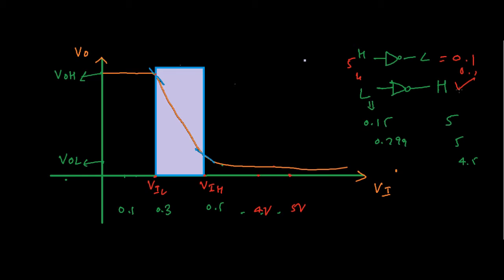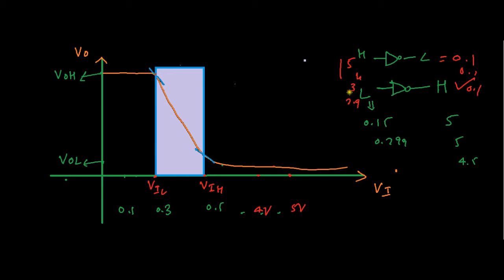So VIH is that parameter at this point in the x-axis, such that it is the minimum point in this series. If you give 5, 4, 3, then output will be still 0.1. Suppose if I give input as 2.9, my output will not be 0.1.